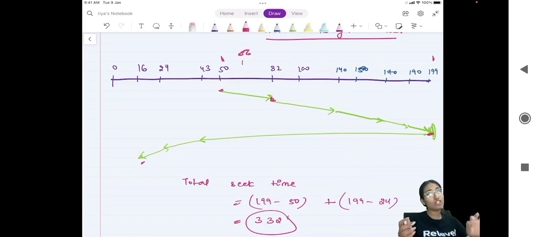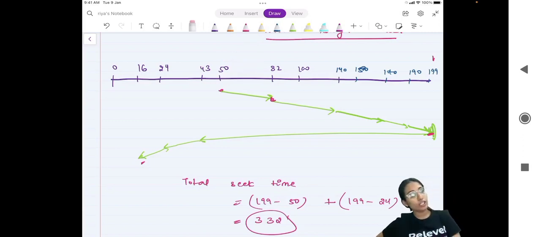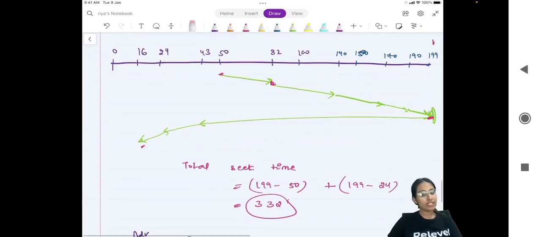Now the request which just came, which was very close to the disk arm, will actually take a lot of time to process. So the locations which have just been processed, if any new requests come for those positions just visited by the disk arm, it takes a lot of time for them to get processed. Okay, so that is one of the disadvantages of using the scan algorithm.